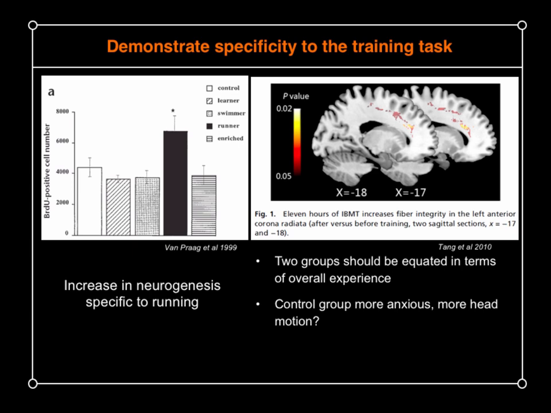And we know that things like cardiac pulsation and respiration also have an impact on the data. So a good control would be something like yoga. So you have two groups, one which is yoga, and that allows you to make the claim that IBMT has a much stronger influence on brain structure than another kind of training exercise.